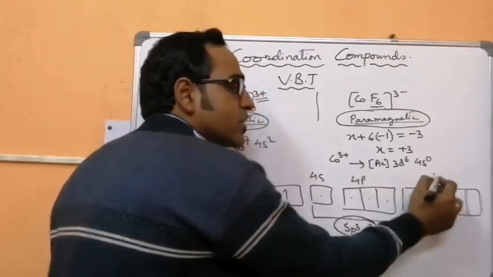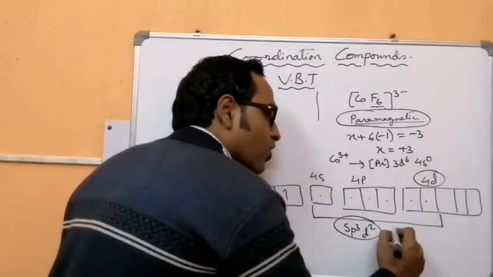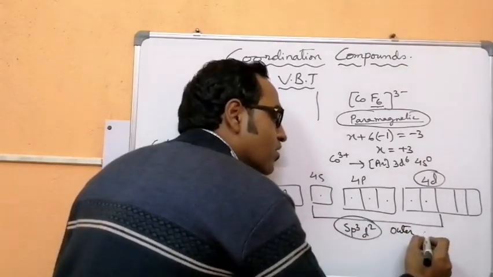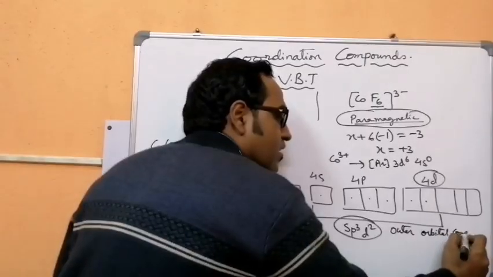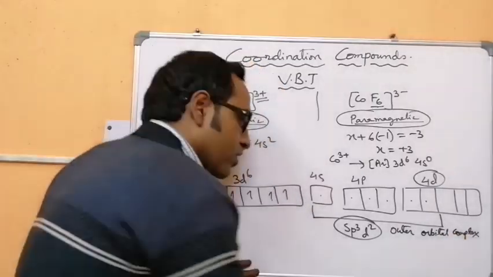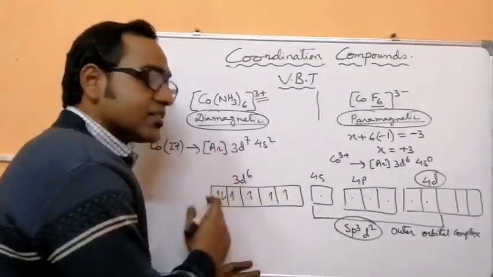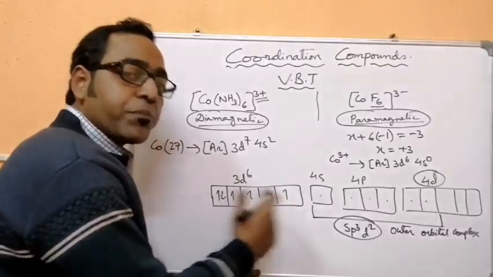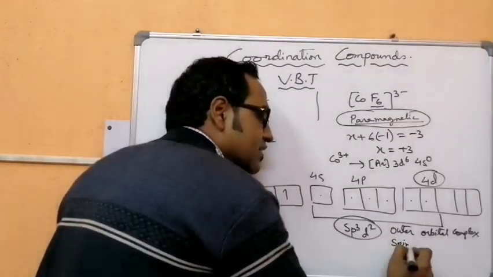Now since we are using the 4d orbital, this type of complex is called an outer orbital complex. Since the spins are free, not paired up, it is also called a spin free complex.